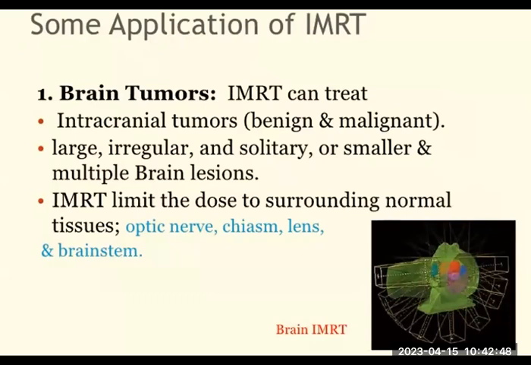IMRT limits the dose to surrounding normal tissue, especially the optic nerve, chiasm, lens and brainstem. That is the main advantage of IMRT, which is nothing but the minimization of damage to the normal tissues.